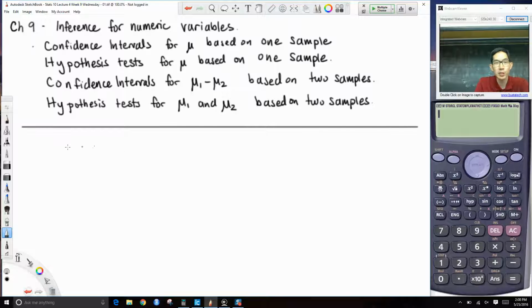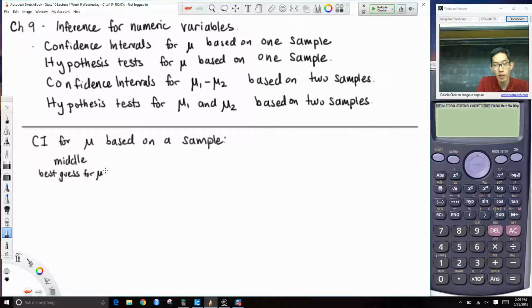Let's just briefly create our confidence interval for mu based on a sample. In the center, we'll put our best guess for mu. And what's that?